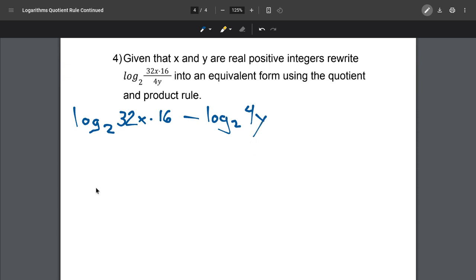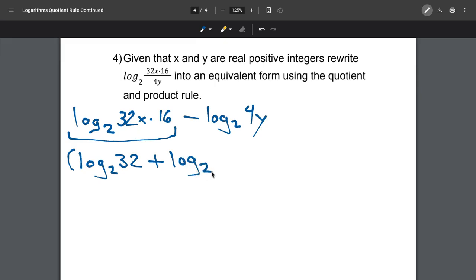Okay, let's group these together. So let's do product rule now. We'll group this first part here into a parenthesis. So I'll say log base 2 of 32 plus log base 2 of x, because 32 is multiplied by x, plus log base 2 of 16 minus, then we'll group this together.